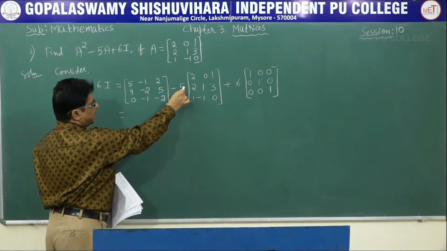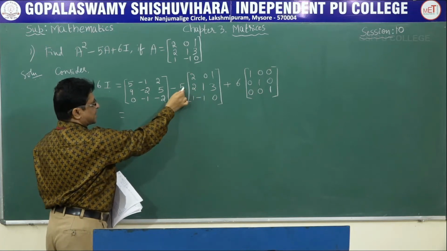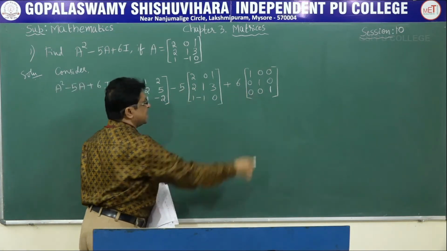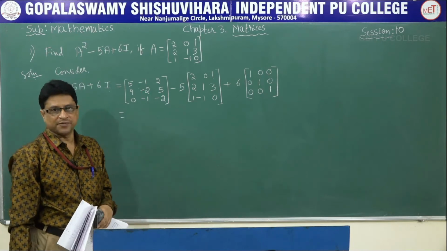Next, we multiply this second matrix by 5 and the third matrix by 6, that is scalar multiplication of a matrix.